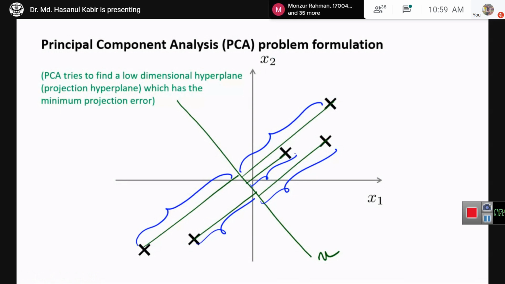So then, which one will give you the smallest projection error, the green one or the red one? The red line or the green one?